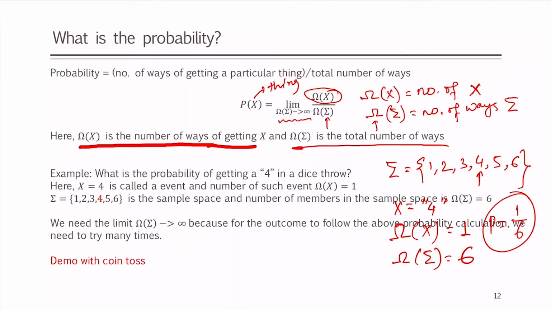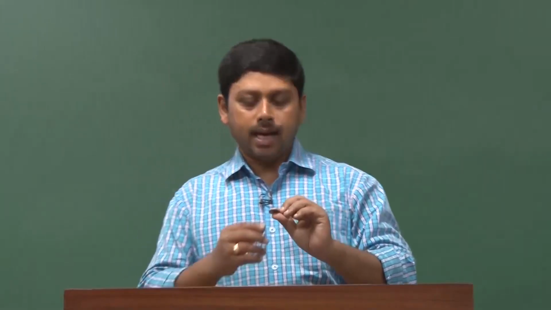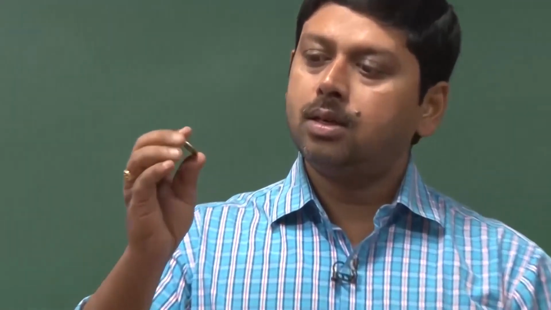So, now we are going to do that with a demo coin. A simpler one than dice is a coin, right. The reason is that a coin has only 2 possibilities, head and tail. So, however many times we do, we can either get a head or get a tail, and hopefully they are equal.